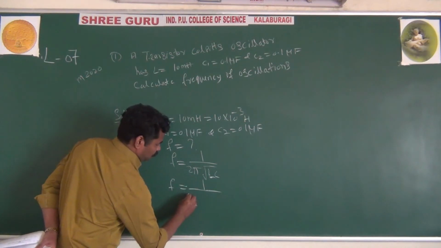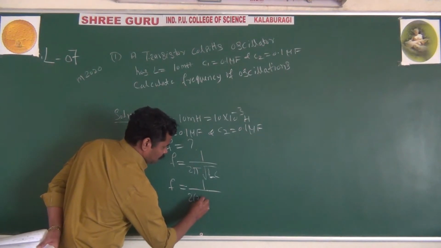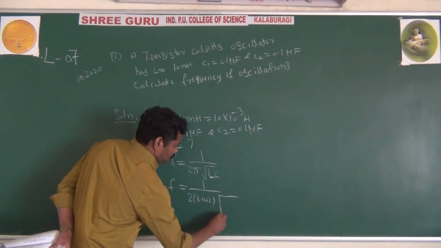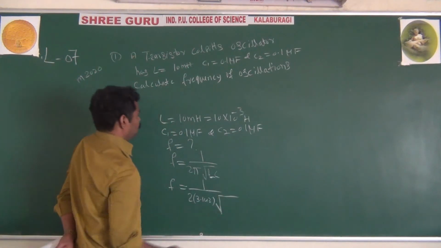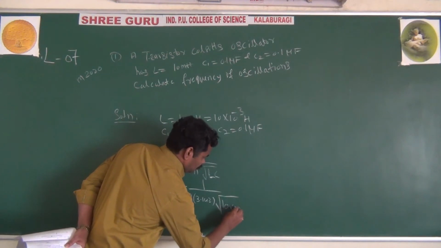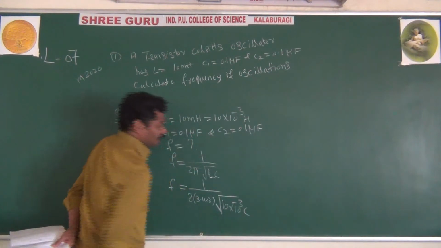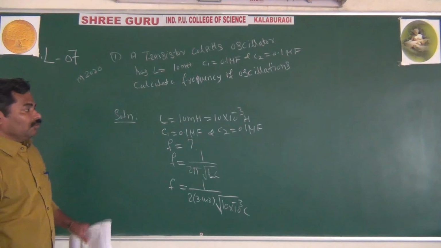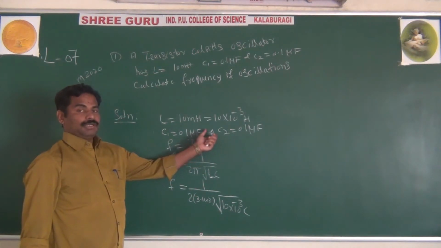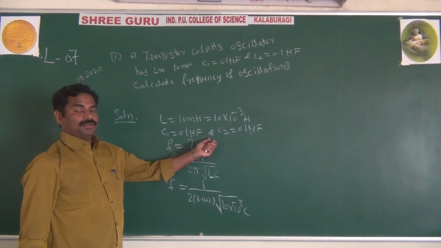Very simple, 2 into 3.142, and in the square root we have the L value. L is how much? 10 into 10 to the minus 3, and write C as it is, because as I said, here C1 and C2 are in series. You have to calculate the effective capacitor value.